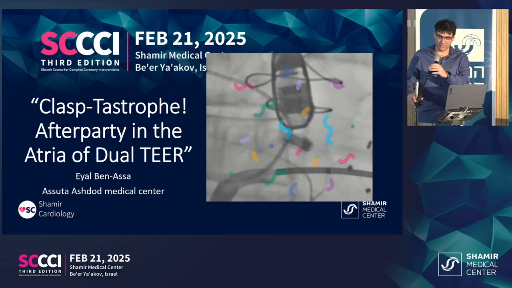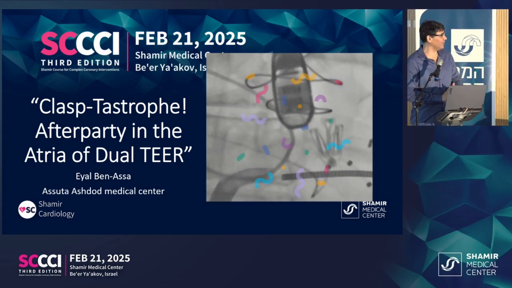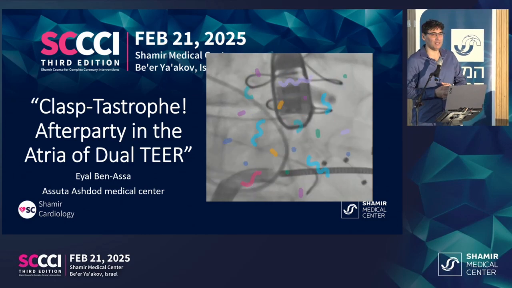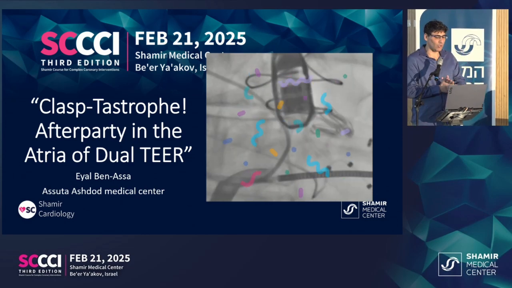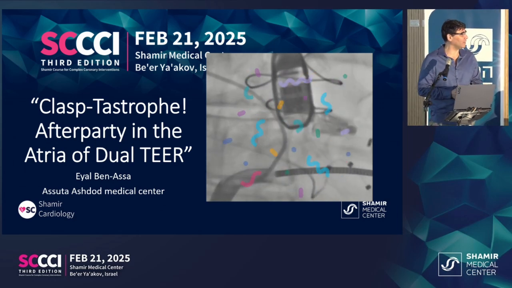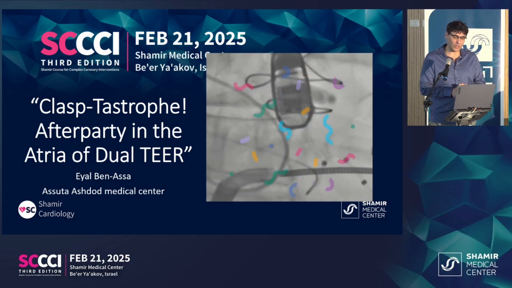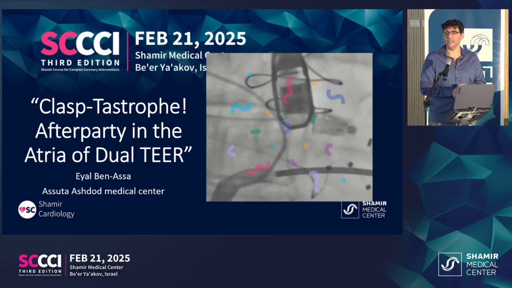Okay, so it's not so frightening, and there's no blood in the pericard and no CPR on the table, but we see more and more tear procedures, and with difficulty in imaging and learning about how to image well and how to grasp well the leaflets.